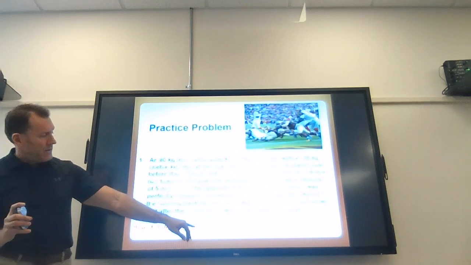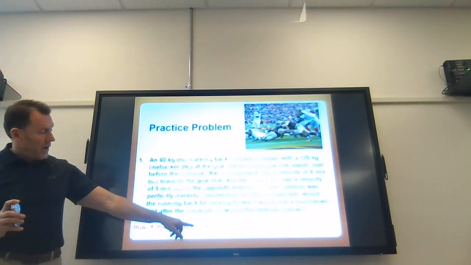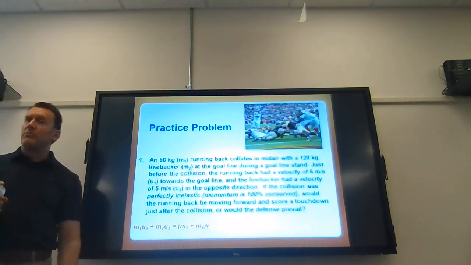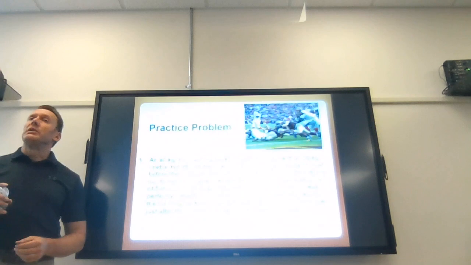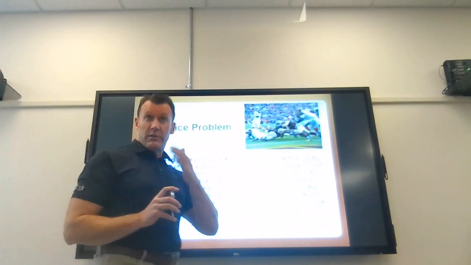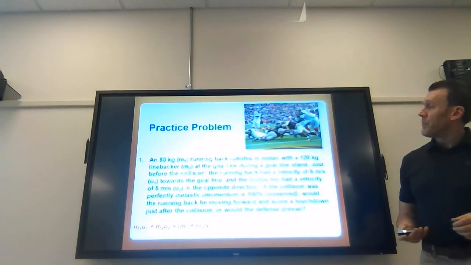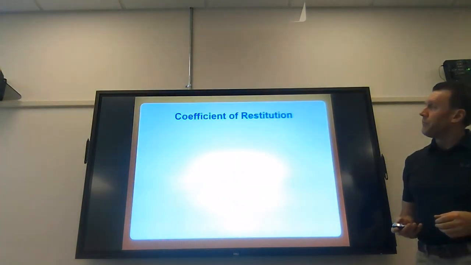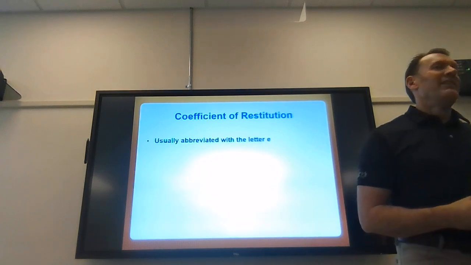And then, to solve for the post-collision velocity, you divide by the combined mass to get negative 0.6. Because that's negative, you can tell that the post-collision velocity is going away from the goal line.